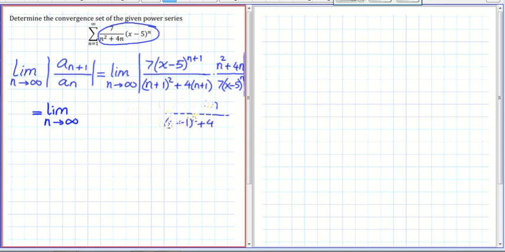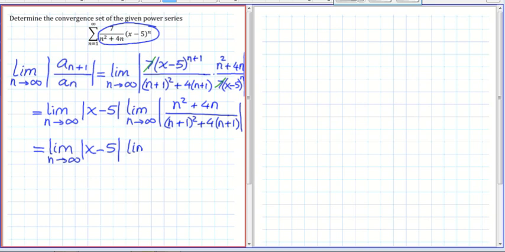And note that the second one, when we multiply it out, that will be n squared. So let me just write that. We don't need to write everything down, but we know that on the top we have n squared plus 4n.